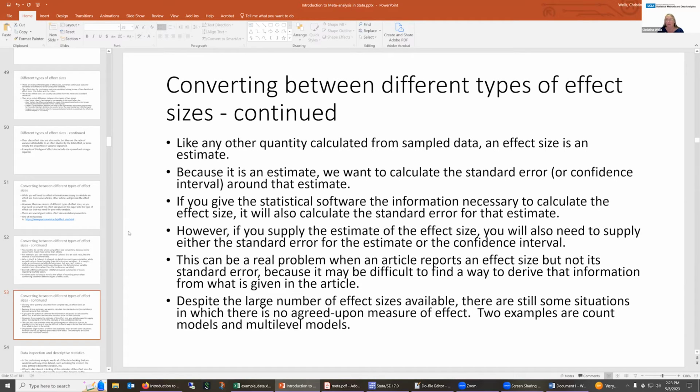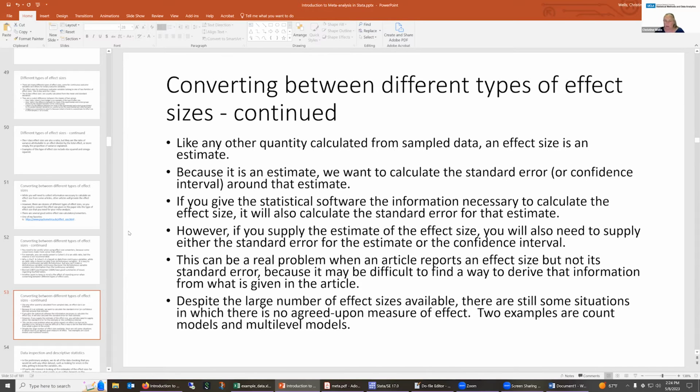I think everything I've seen in the last several years gives you not only the effect size, but its standard error or confidence interval. It can be problematic if an article reports the effect size, but not its standard error, because that would be really tough to estimate. That's probably a place where you'd have to contact authors or something like that.